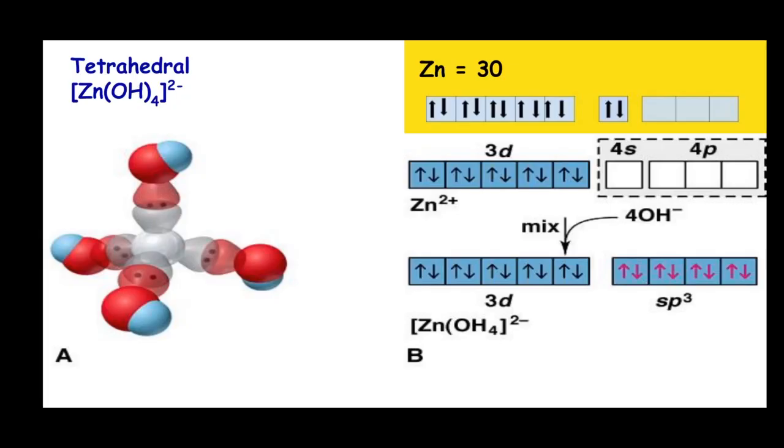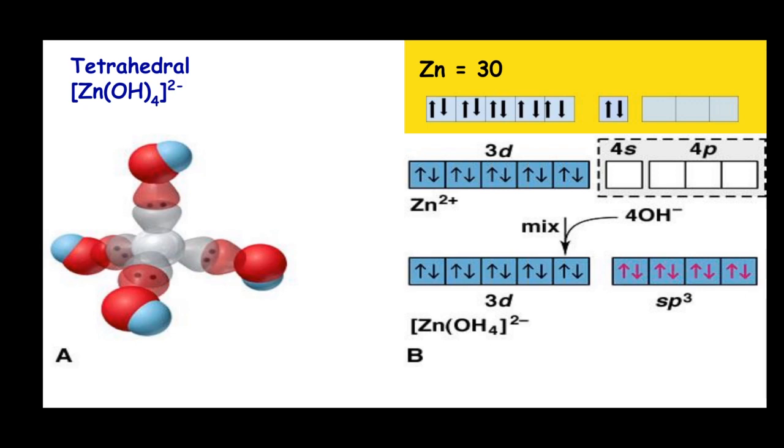This is another example of a tetrahedral complex ion, tetrahydroxozincate ion. In this complex ion, zinc is in di-positive oxidation state and it has 10 electrons in 3d orbitals. So outer s and p orbitals are available for the hybridization.